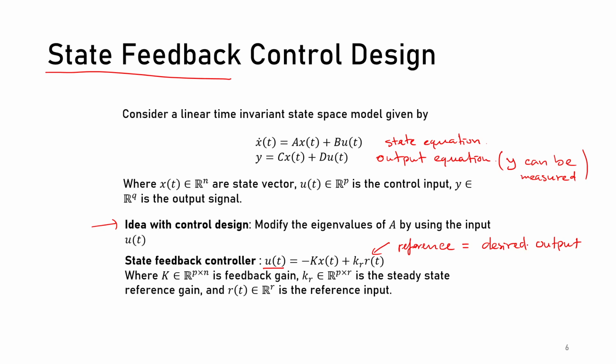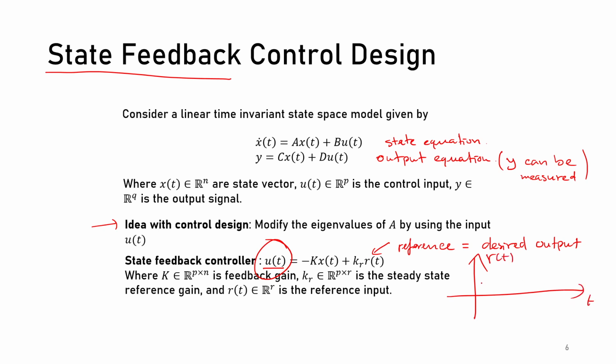That is desired output or reference, right? So you desire this value and then you choose the right value of control input, then you expect the actual output Y to approach the reference, right?